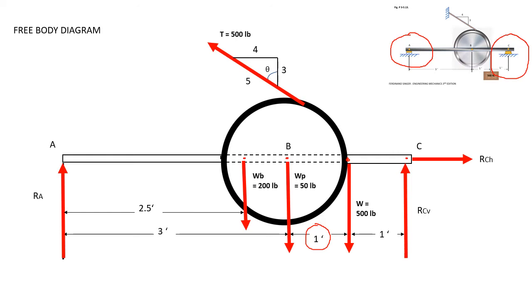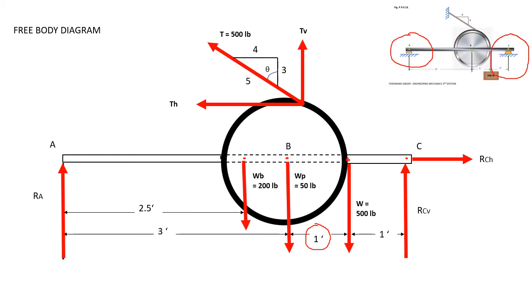And then it is equal to 500 pounds, because we neglected the friction at the rim of the pulley. So notice that our tension force has a horizontal and vertical component because it is an inclined force.